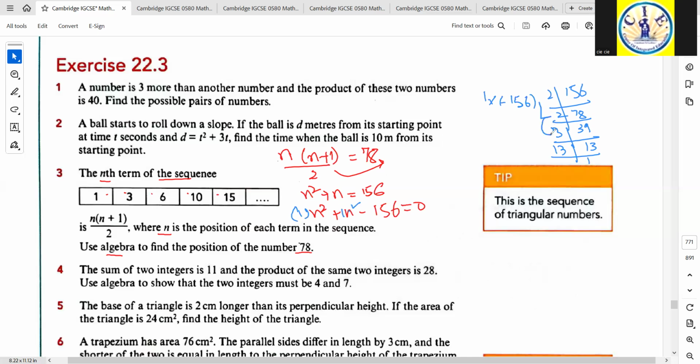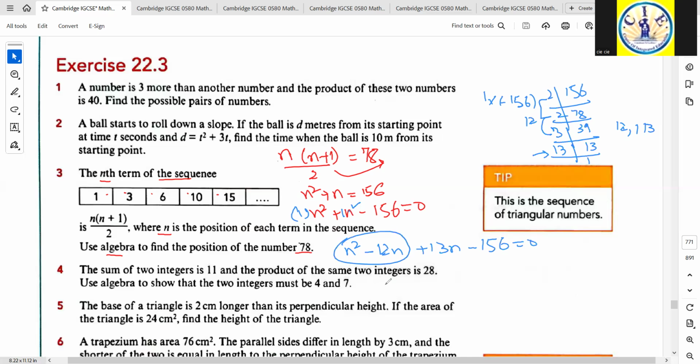That is 3 twos are 6 and 6 twos are 12. 12 and 13 are the required factors. So I can have n squared negative 12n plus 13n minus 156 equals 0.